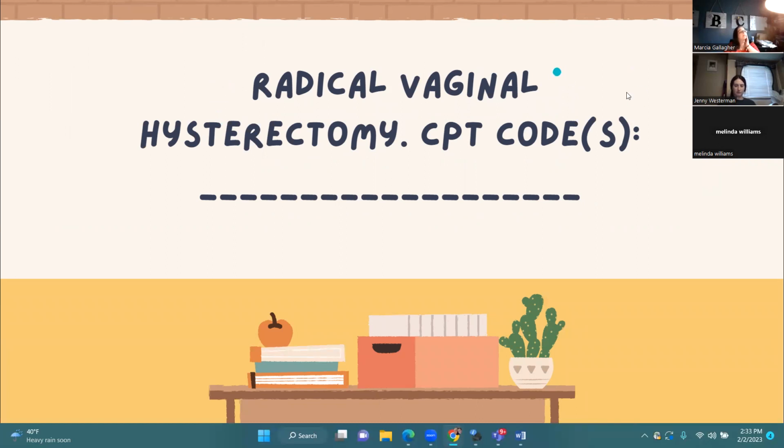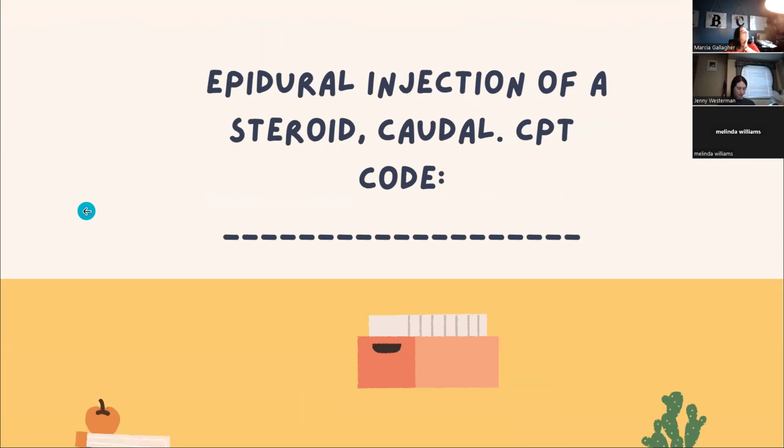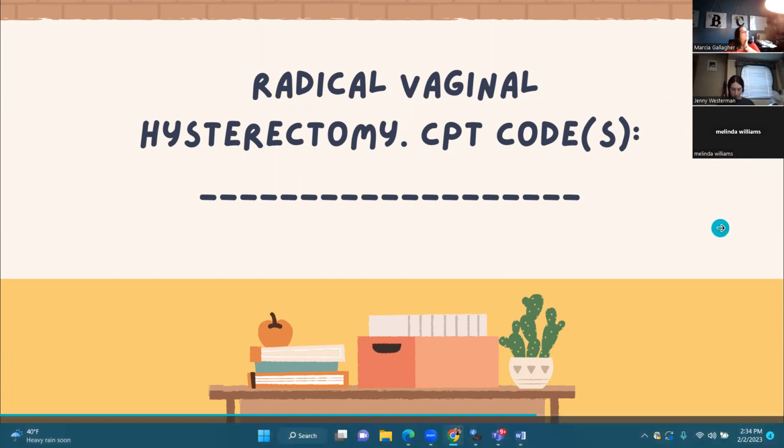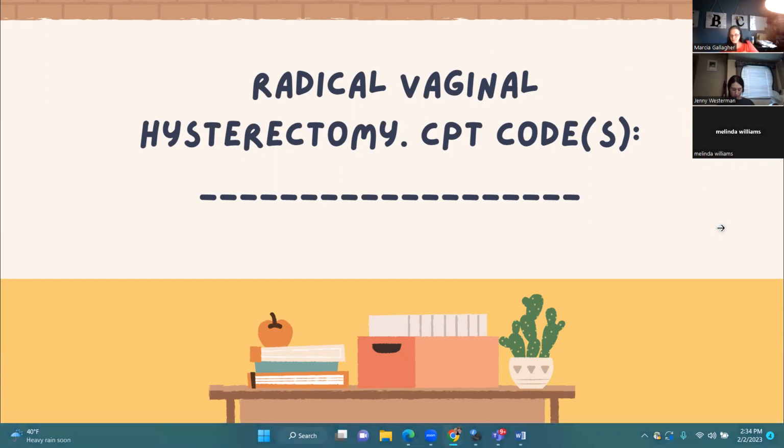Okay. So the next one is a radical vaginal hysterectomy. So we're going to be looking under hysterectomy. There we go. On page 1135, hysterectomy.